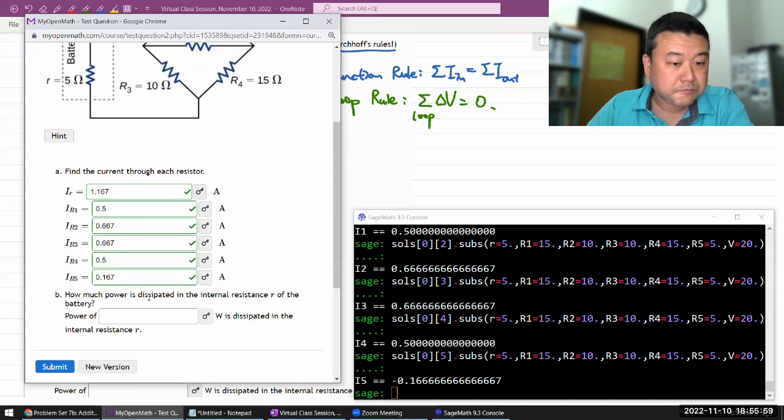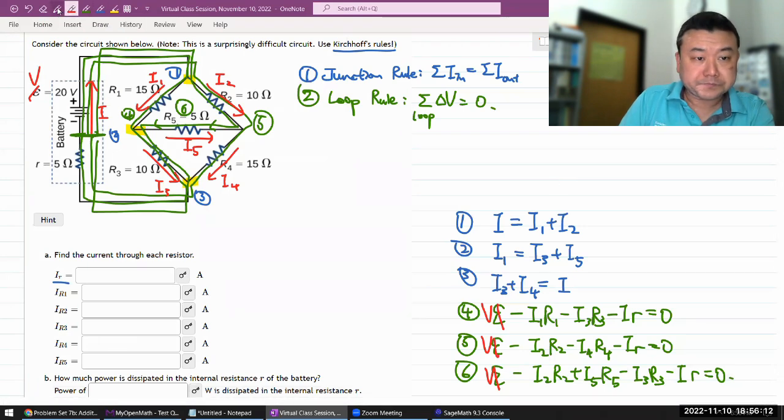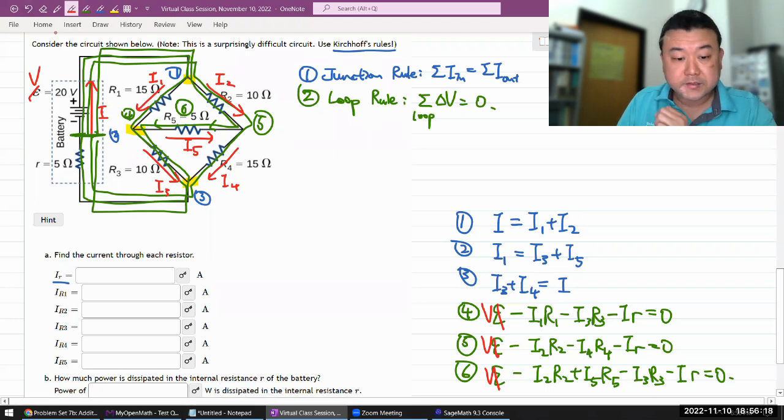Now, how much power is dissipated in the internal resistance of the battery? Oh, I see. So here I just use the formula. Whenever you're dealing with resistors, what I would recommend as the power formula is this one.